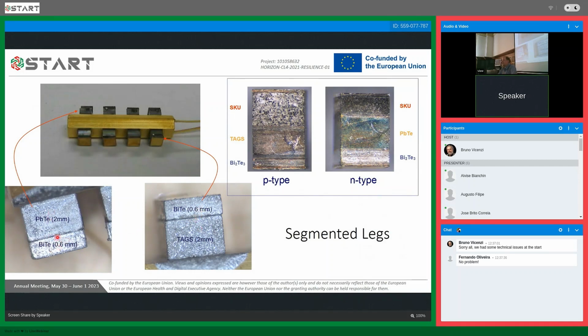This was on the N side. On the P side of this part up here, we have bismuth telluride and TAGS on the hot side. And then in a separate effort, we had three-stage segmented parts with skutterudite, TAGS, and bismuth telluride on the P side, and skutterudite, lead telluride, and bismuth telluride on the N side.